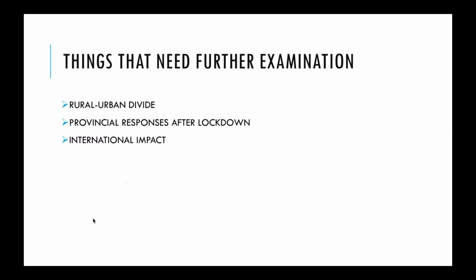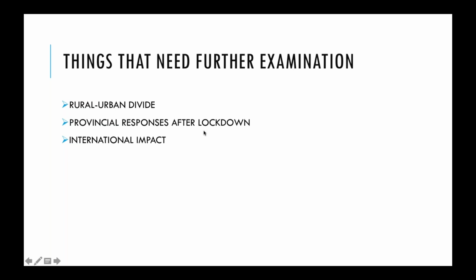Okay. There are further points that I just want to flag. One is the rural-urban divide, and that's a big topic in China because it's not all hunky-dory, not all one uniform system. Another thing, like I said earlier, is the provincial responses after the lockdown.